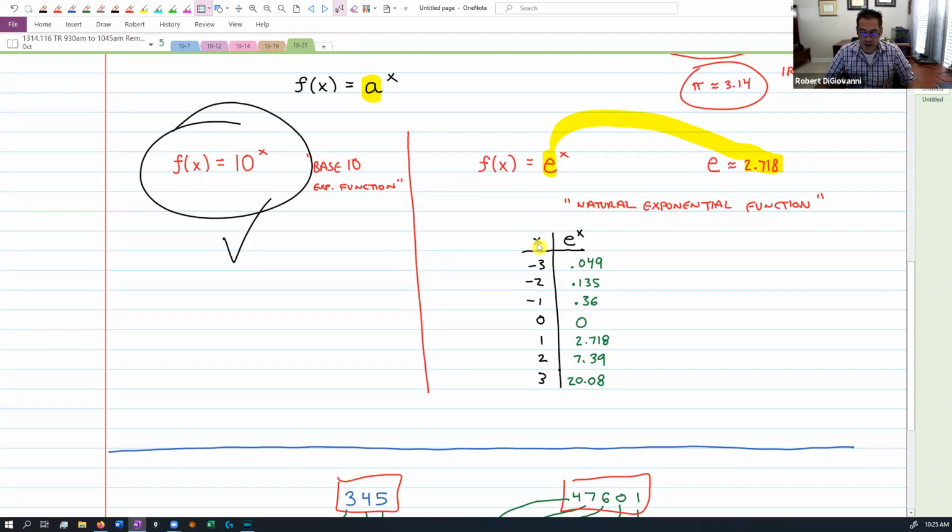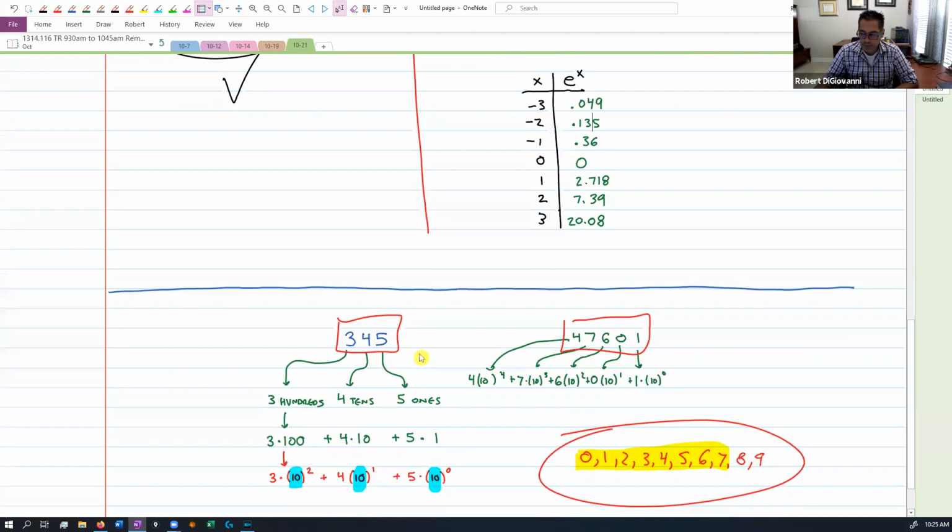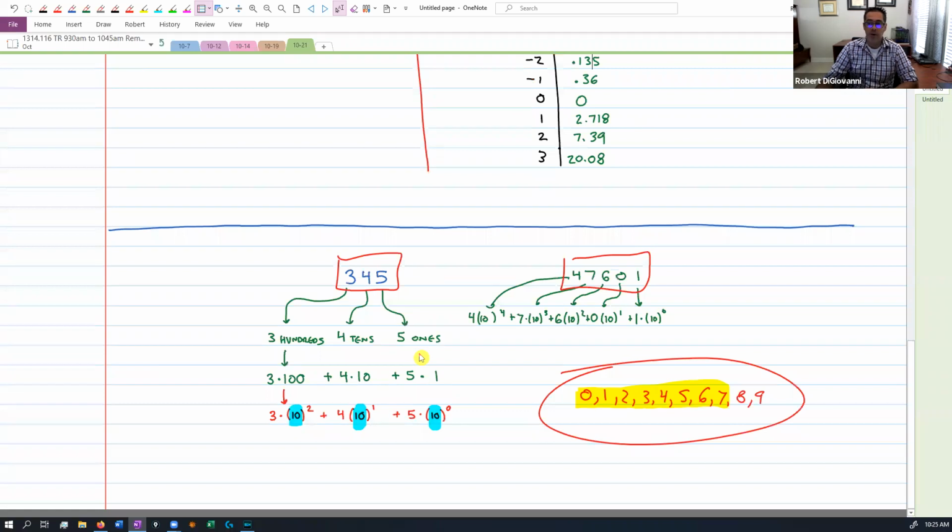Please be sure you can get those. Any questions on that? So if I graph this, I just need to make sure that my y goes up to at least like 20. Maybe I go to 25. It's kind of up to you. We good?